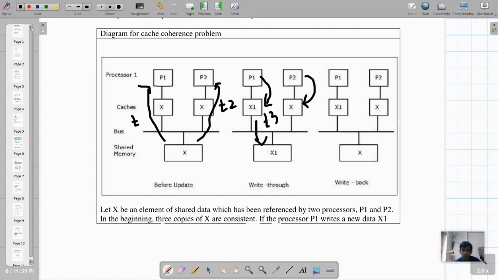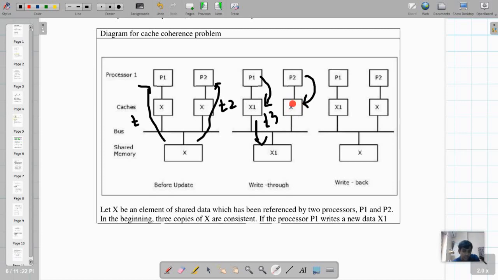That means now here you have a cache hit. So as there is a cache hit, no need to look into the shared memory. Just go as per the definition of cache hit, go on with computation with the data which is available into your cache.